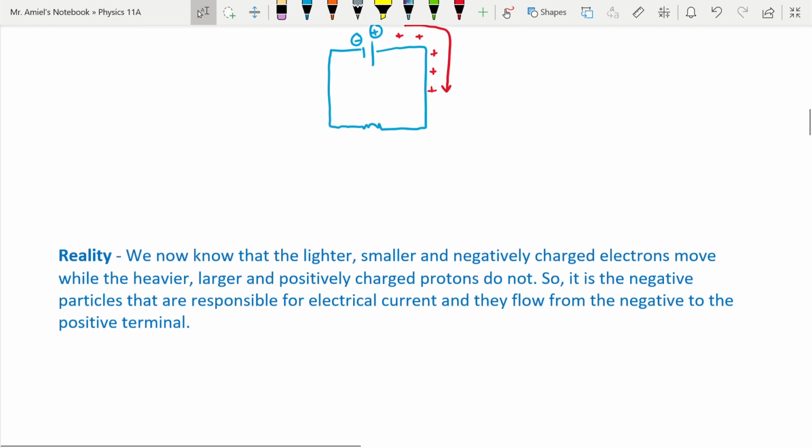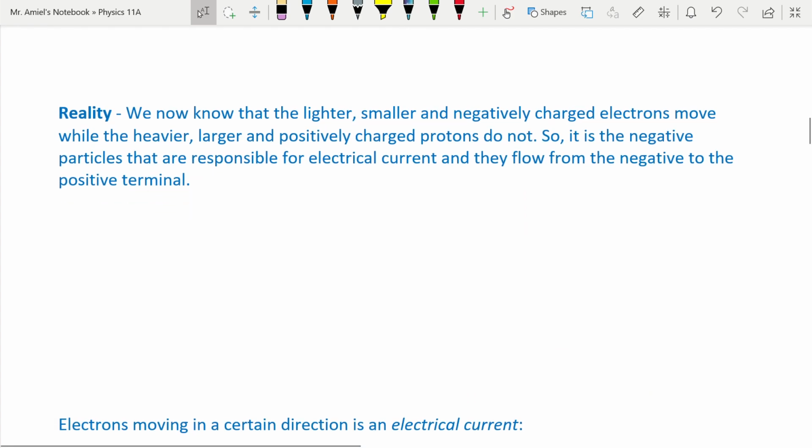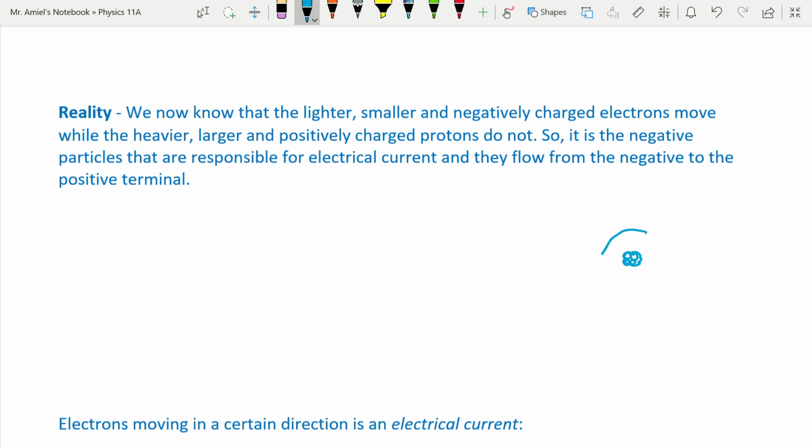However, now that we do know what an atom looks like, and you'll all be familiar with this model of the atom, we've got a nucleus here of protons and neutrons, and around those we've got our orbital shells, and that's where our electrons are hanging out.